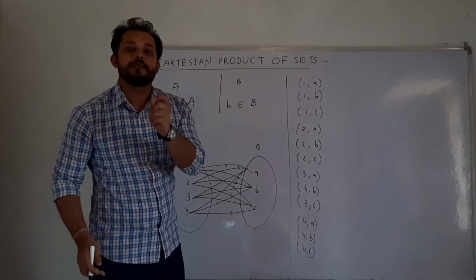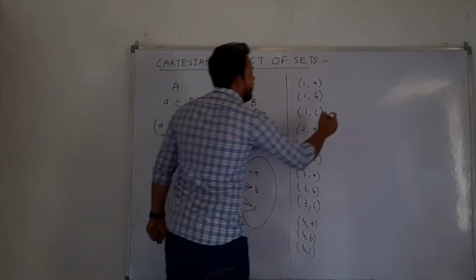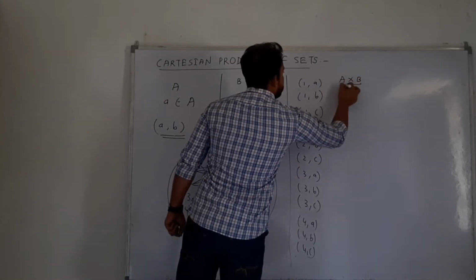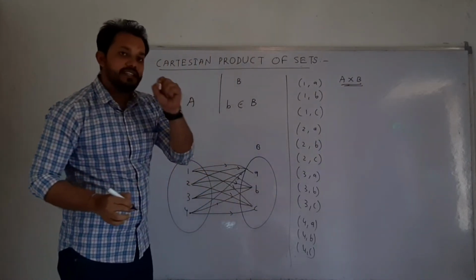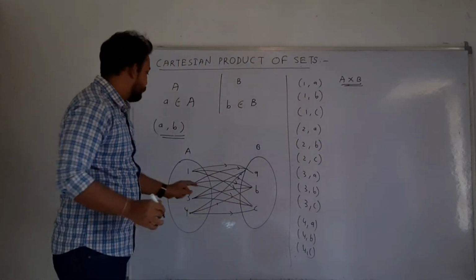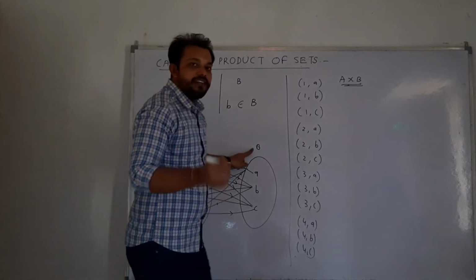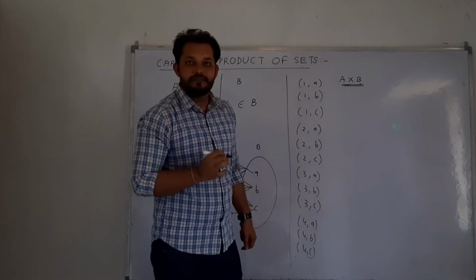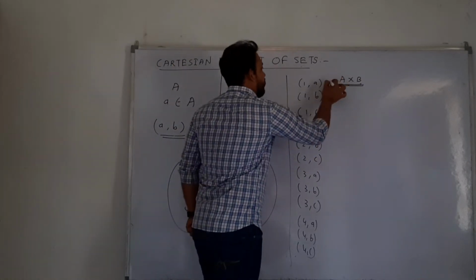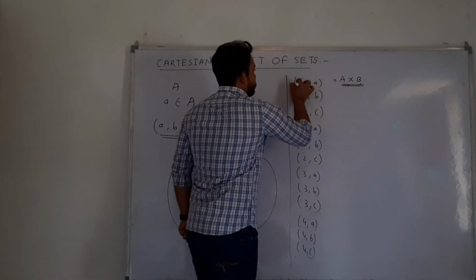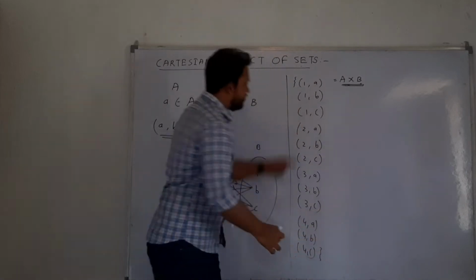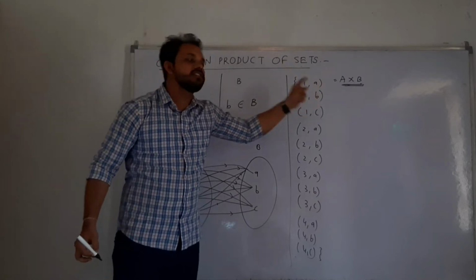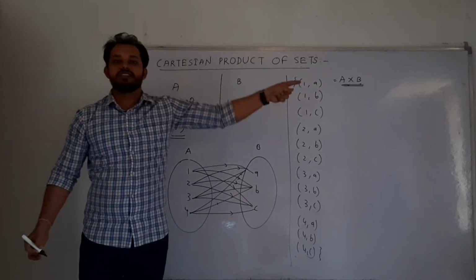This Cartesian product is denoted as A cross B, because it is defined from set A to B. That's why we denote it A cross B. And these are the elements of this set A cross B, that is, the Cartesian product of sets.